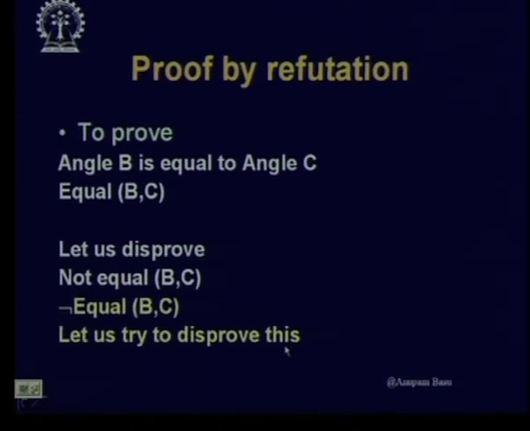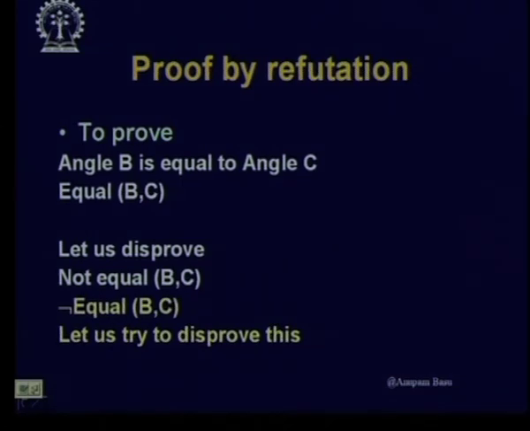Now, the basic approach of resolution is proof by refutation. That means to prove that angle B is equal to angle C, that is equal BC, our approach is, let us disprove that B and C are not equal.